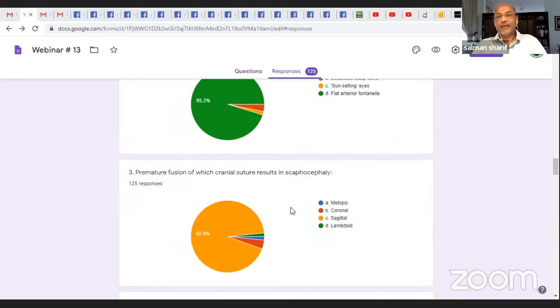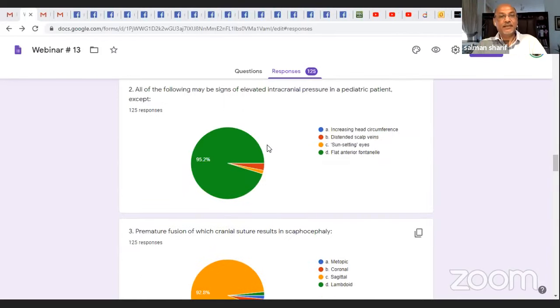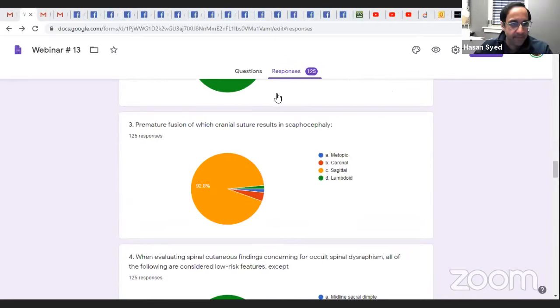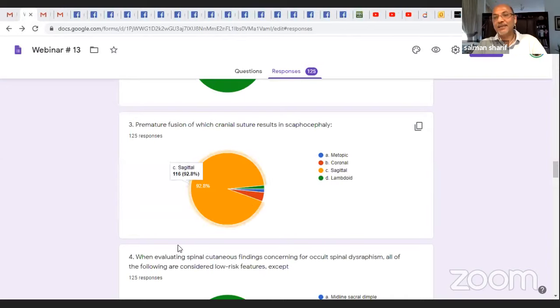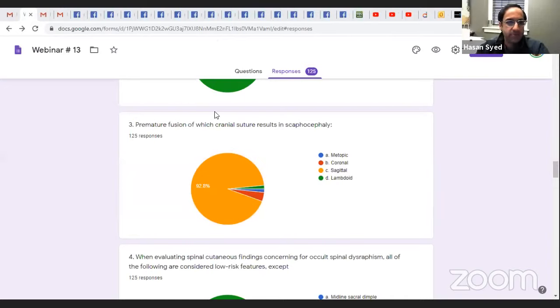Okay, can you go up, Ahmad? Ahmad has gone to sleep. Ahmad? Fusion of the cranial suture which suture results in scaphocephaly? And the answer is premature fusion of the sagittal, which is C, which looks like the majority of people got.